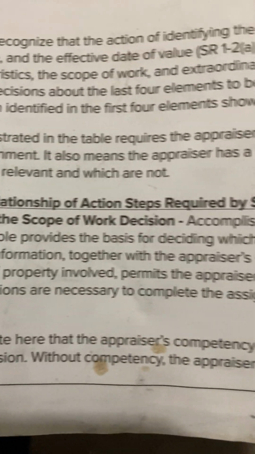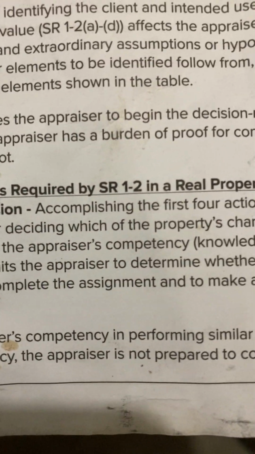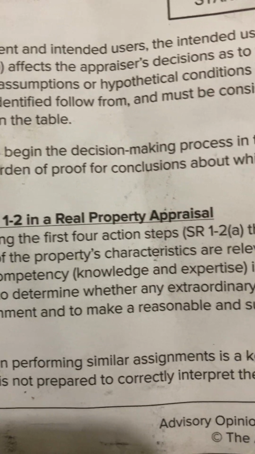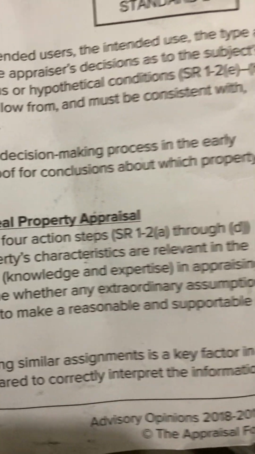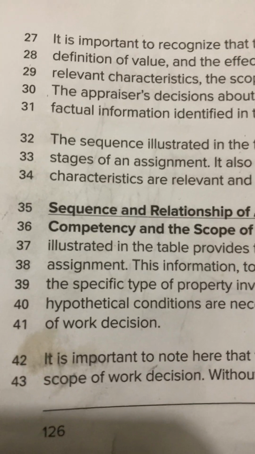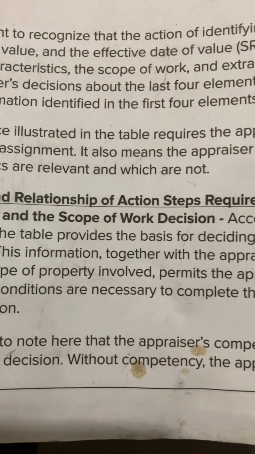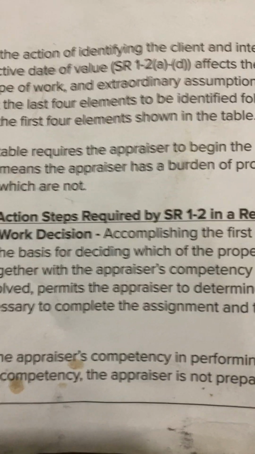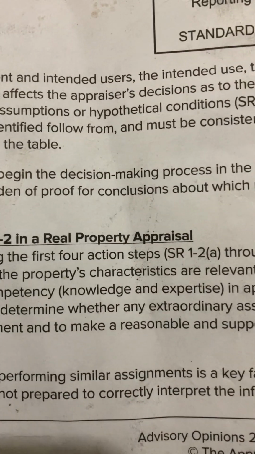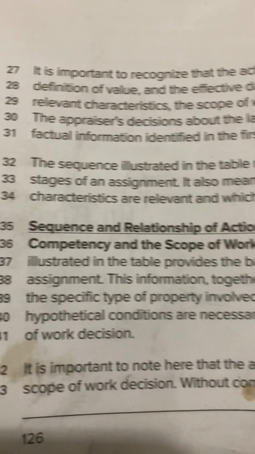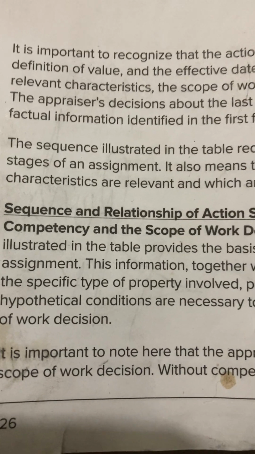Competency and the scope of work decision. Accomplishing the first 4 action steps, SR 1-2A through D, illustrated in the table, provides the basis for deciding which of the property's characteristics are relevant in the assignment.